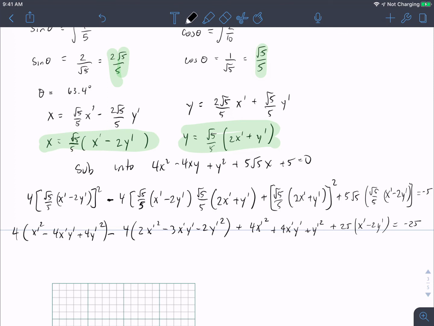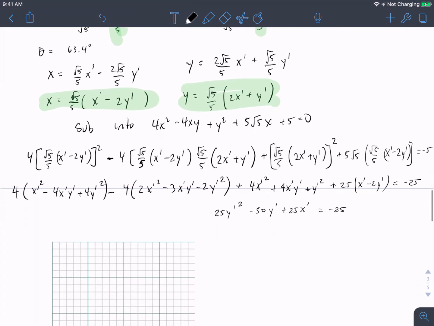You can double check my math, but I believe I've done it correctly. But as always, you should not trust me. Check for yourself. This will then simplify to become 25y' squared minus 50y' plus 25x' is equal to a negative 25.